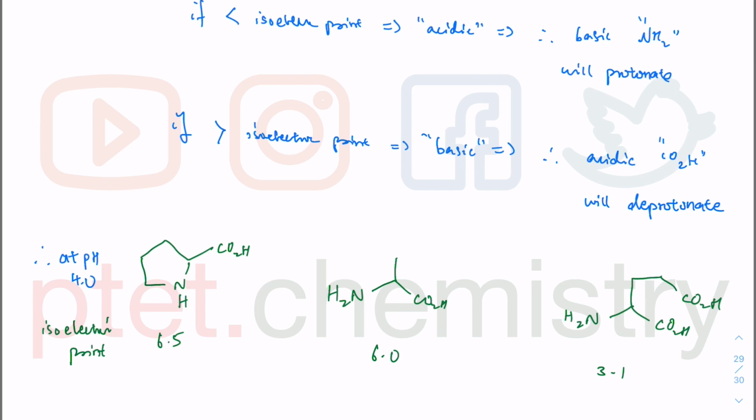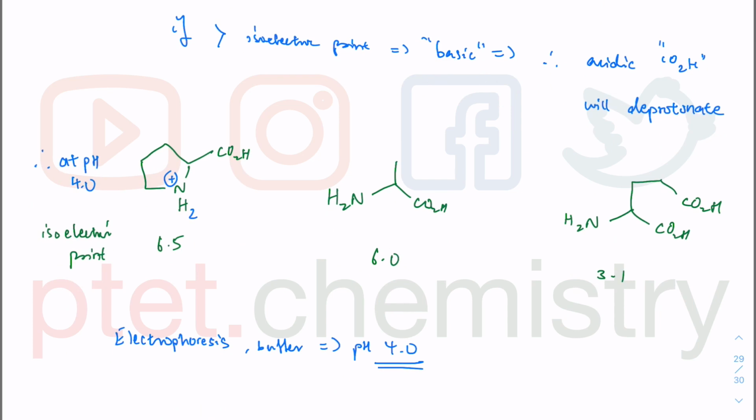So the basic group will not remain as NH2 like this. Instead, they will protonate, but your acidic group will remain acidic. Now at pH 4.0, it is still lesser than 6.0, so again your basic group will protonate while your acidic group remains the same.